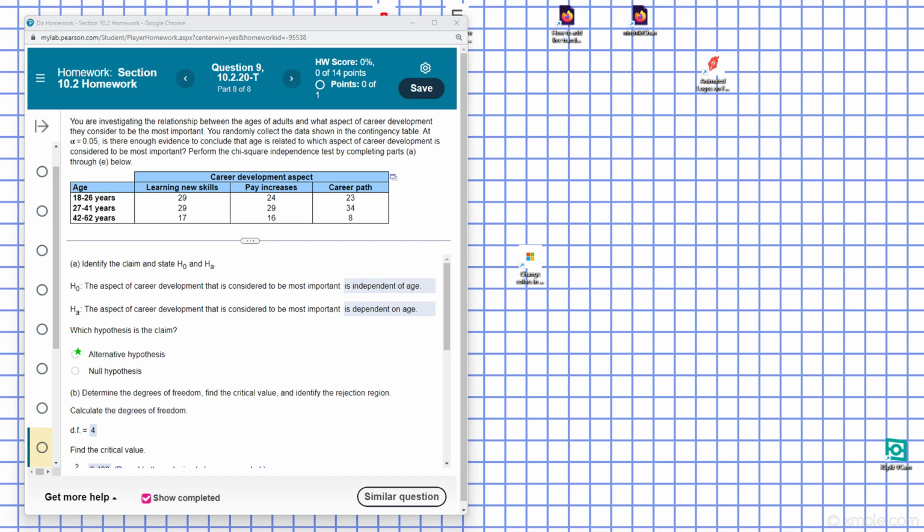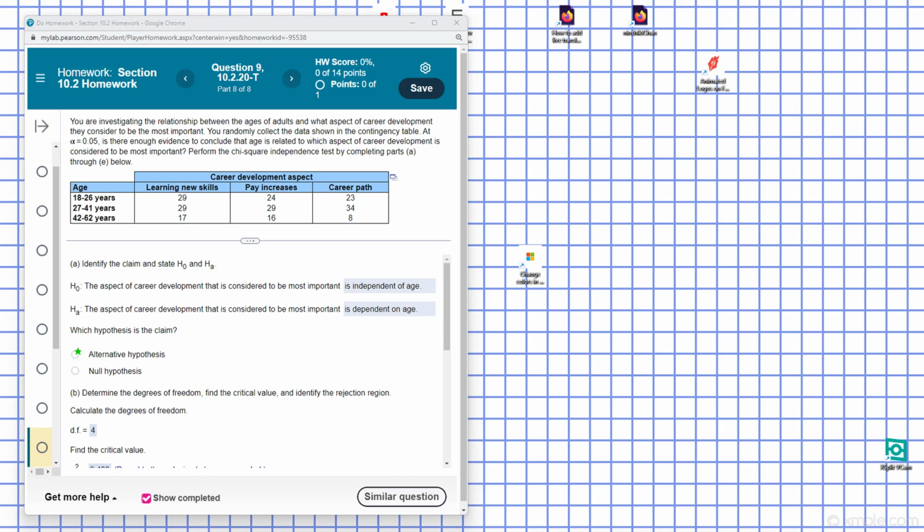The alternative hypothesis is that the aspect of career development that is considered to be most important is dependent on age. In this case, the alternative hypothesis is where your claim comes in.